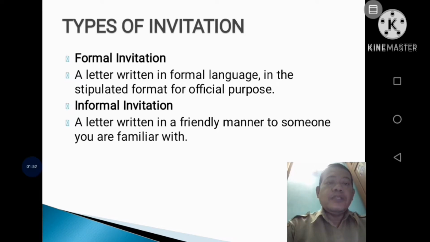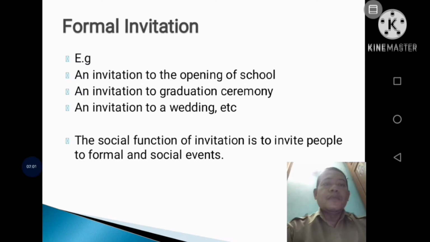Informal invitation is a letter written in a friendly manner to someone you are familiar with. Because our focus is formal invitation, now I want to discuss and explain more about formal invitation.